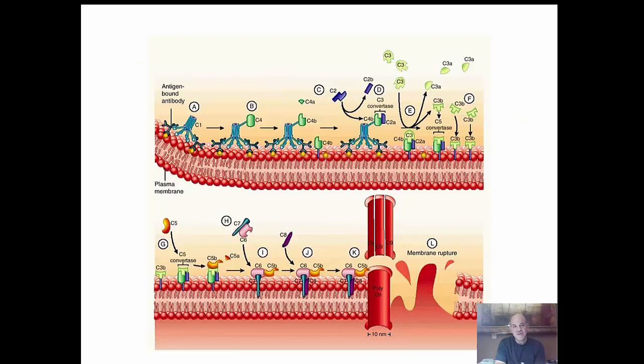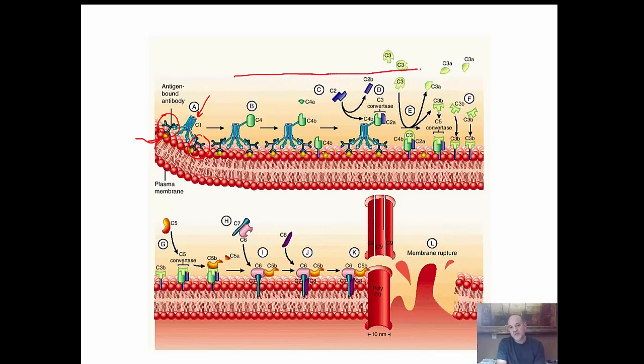And I found an image to kind of show this here. Here you have your plasma membrane of your antigen, and there are very specific antigens on the plasma membrane right there. And there you can see your antibodies, which are now bound there. And here you see C1 of the complement system there. And you can see all the series of reactions that are occurring.